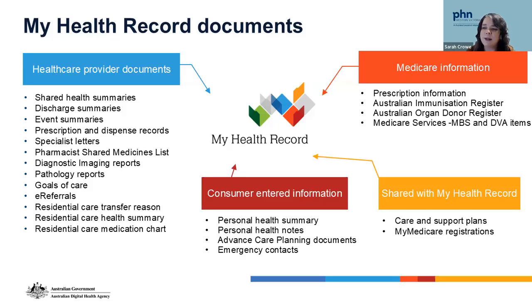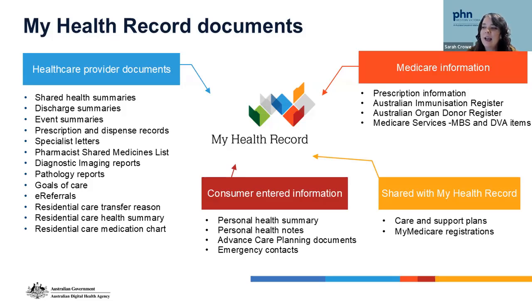It might be a physio or a specialist or whatnot. All the prescription and dispense records for medications are in My Health Record. And I will touch on it a bit later, but diagnostic imaging reports and pathology are also now across the board going to be available in My Health Record for everybody. A lot of it already is, you might have noticed.